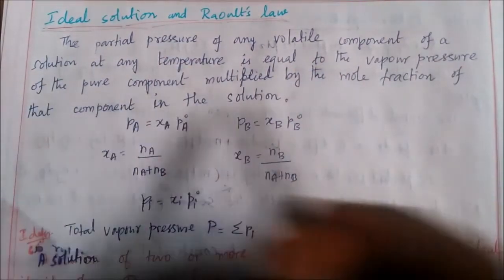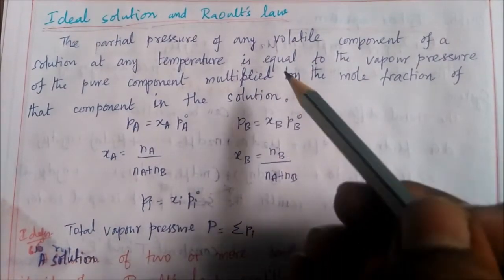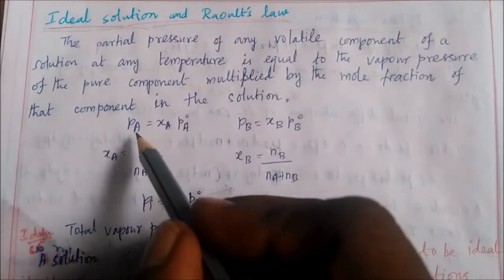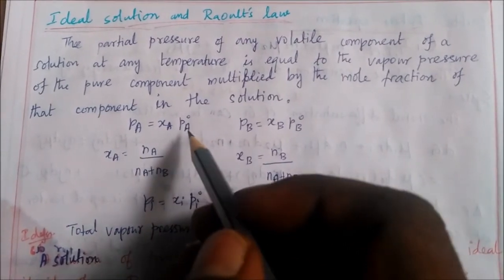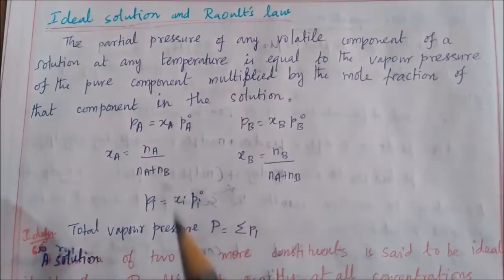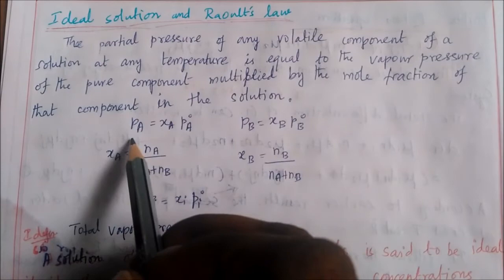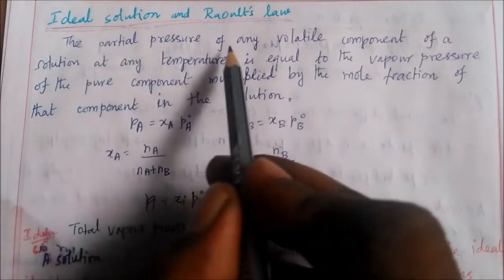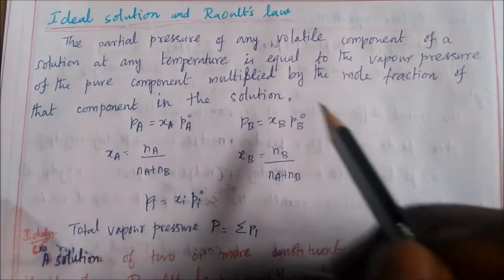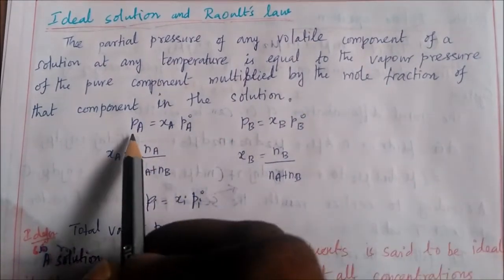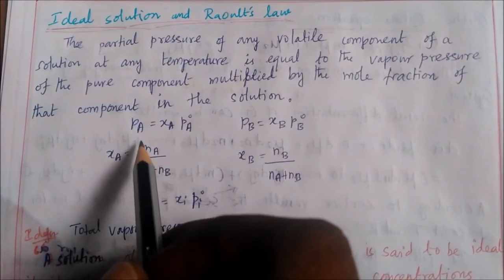So this lengthy sentence can be simplified with this equation. Pa is equal to Xa into Pa0, or Pa degree. What is partial pressure? That is Pa, the partial pressure of any volatile component. If we are considering a binary solution, A may be a solvent or a solute.